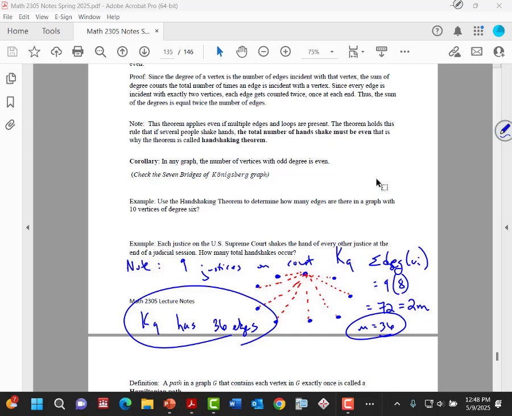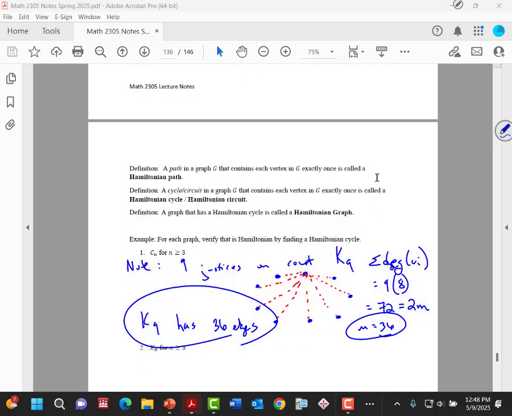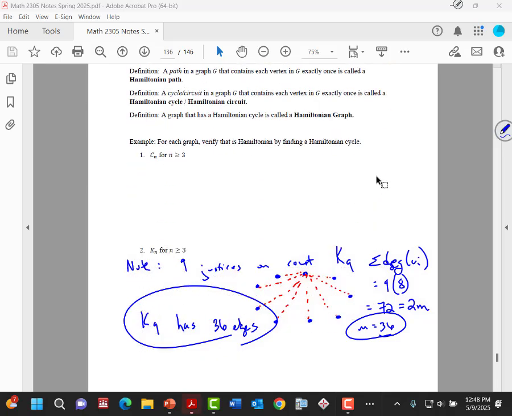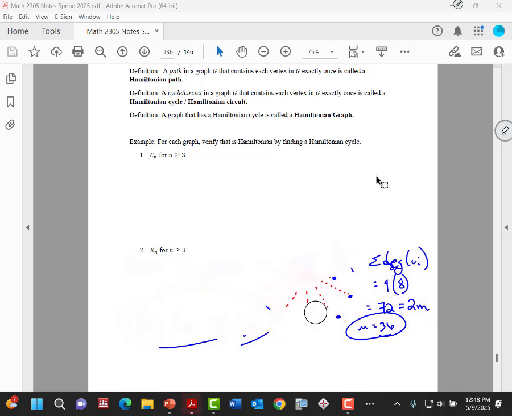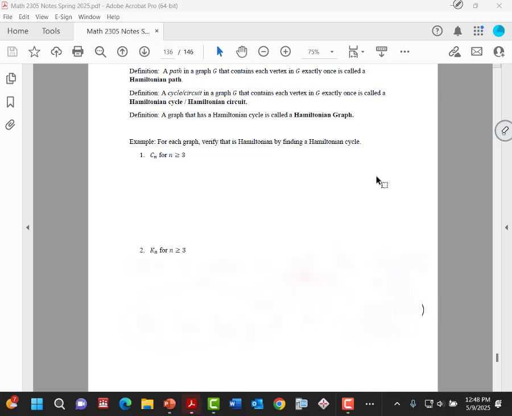Okay, let us pivot. And instead of talking about Eulerian graphs, let's introduce a new definition of something called a Hamiltonian graph. So, a path in a graph that contains each vertex in G exactly once is called a Hamiltonian path.